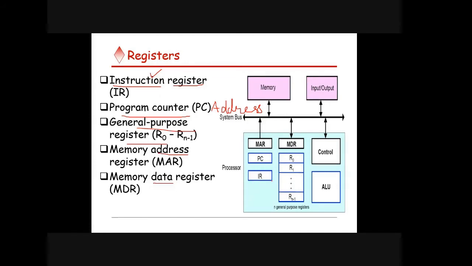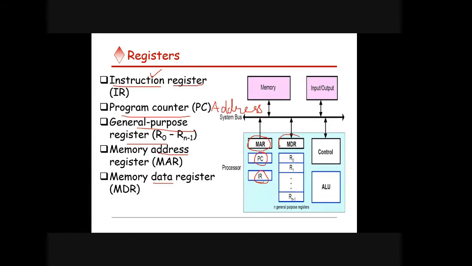So what is IR? IR is the instruction register. The currently executing instruction is stored in IR. Program counter holds the address of the next instruction to be executed. MAR is the memory address register, which keeps an address.